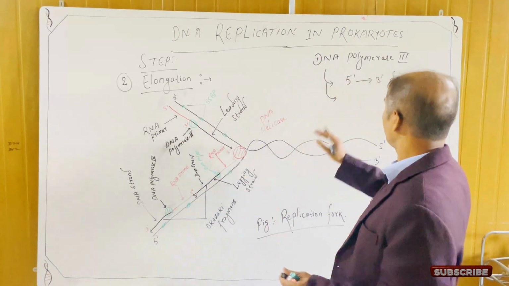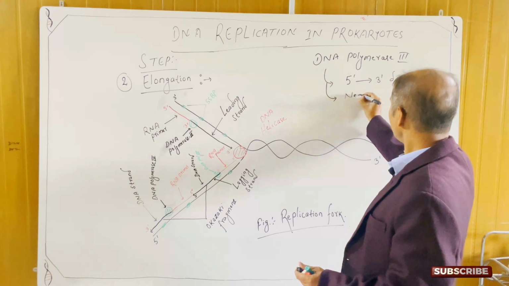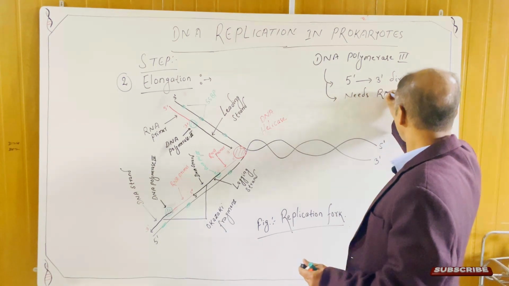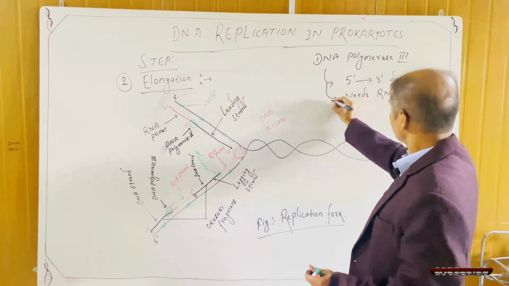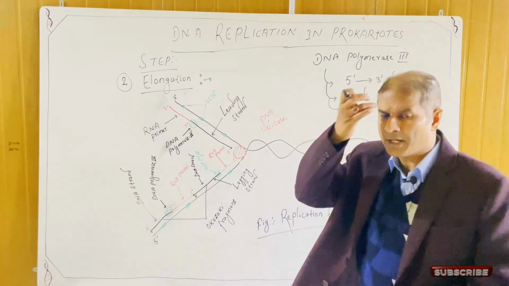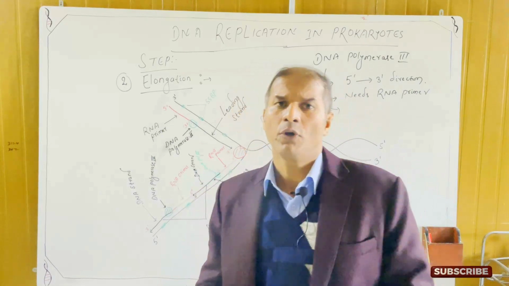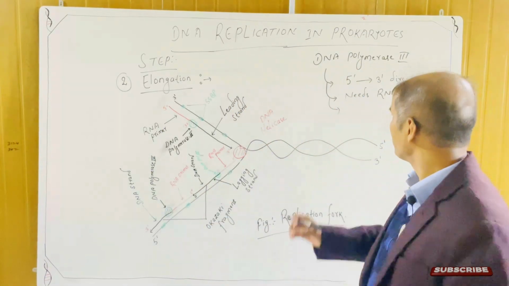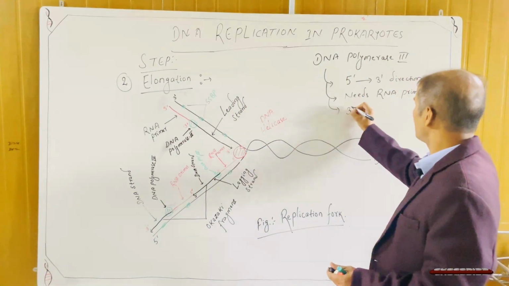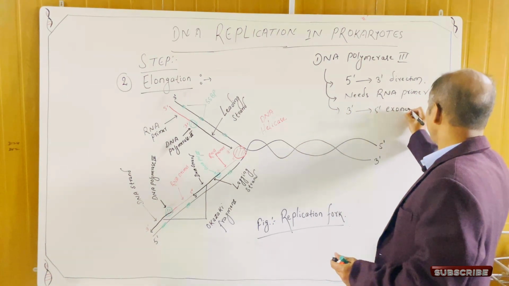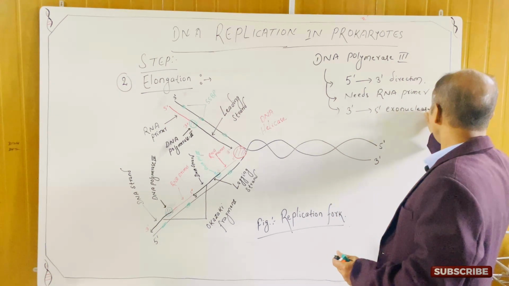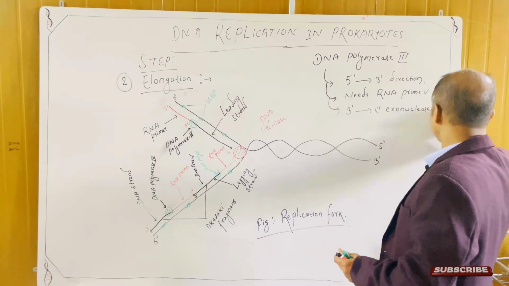So another characteristic is that it needs an RNA primer for the synthesis of a new DNA strand. The third most important point is that DNA polymerase III has proofreading activity. This proofreading activity is called 3' to 5' exonuclease activity.